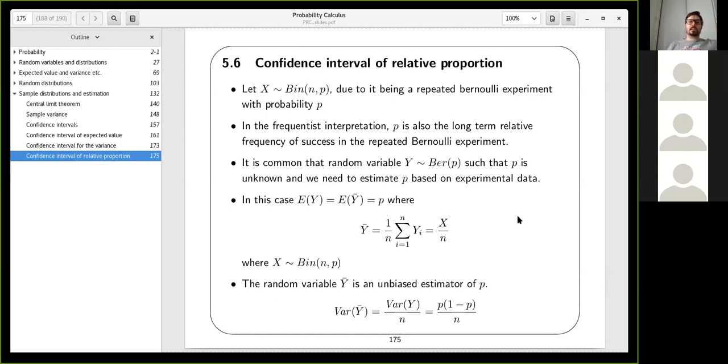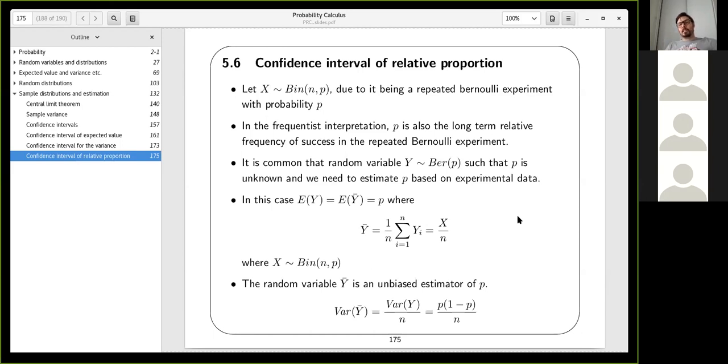In this case, the expected value of Y is P. And it's also the expected value of a sample mean of Y if we take many repetitions. We throw the dice, we calculate the number of sixes, and we divide that by the number of rolls we made, and we get the sample mean, which then has the same expected value as that.